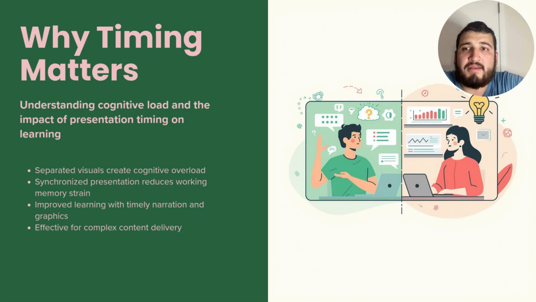Synchronizing narration and visuals reduces cognitive load and allows learners to focus on understanding rather than trying to remember details. By connecting both the visuals and the text, we allow our students and audience to understand at the same time what is going on instead of waiting and holding all that other information in our heads.